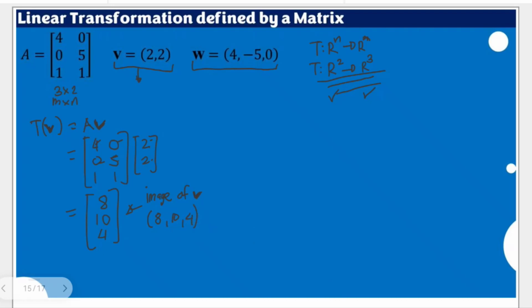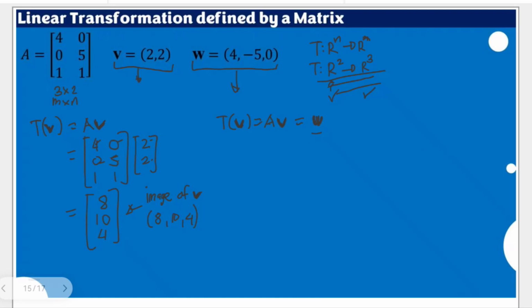The second half, we'll now talk about solving for the pre-image of vector w. So the pre-image should be an element of our domain, R^2, so we're expecting a vector that is an element of R^2. Same thing, we're going to use the same process here: T(v) is equal to A times the vector v. But this will be equivalent to your w, because this is already given.